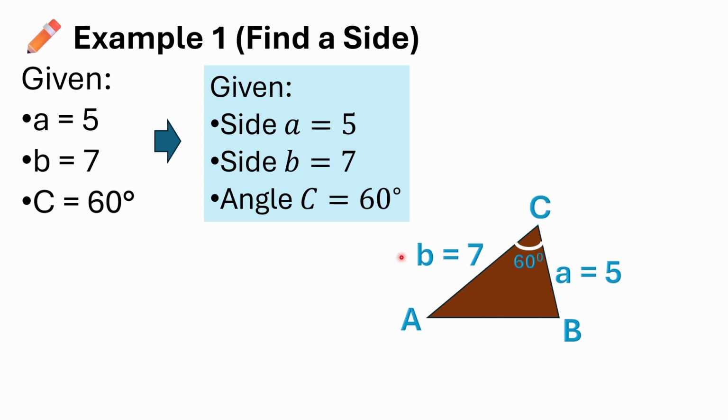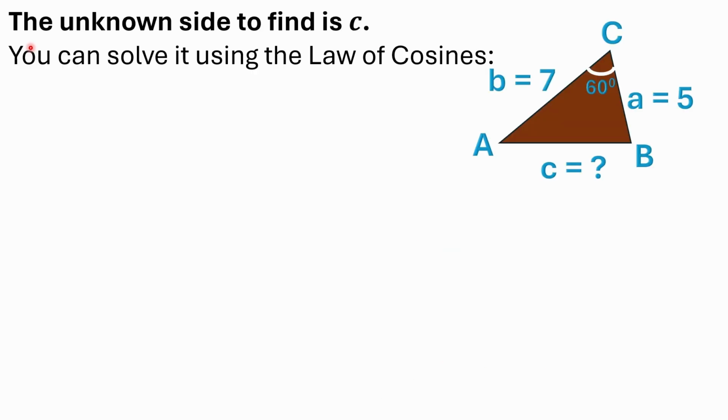So again, in this triangle, opposite of angle A is side a, and opposite of angle B is side b. Then opposite of angle C is side c, which is unknown. The unknown side to find is side c. You can solve it using the law of cosines.